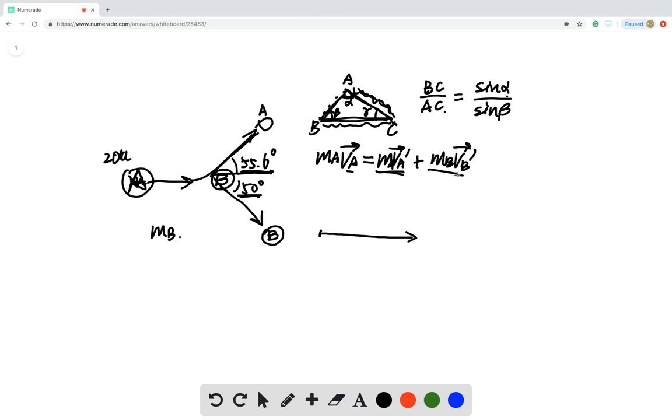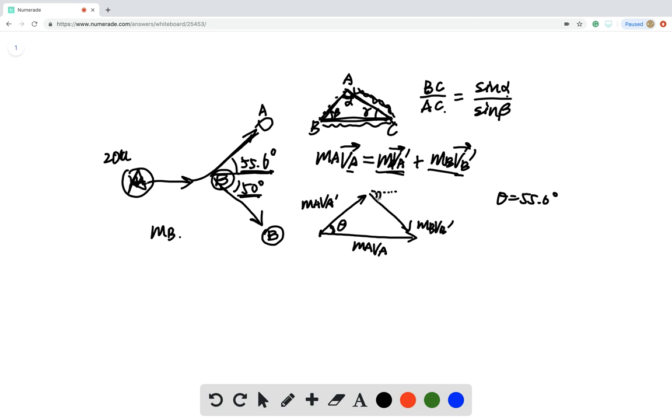So we are trying to draw these in the addition triangle. mA vA prime, we already know its angle is 55.6 degrees. Let's call this theta, knowing theta is 55.6 degrees. So this is mA vA, that's the length of it. This is mA vA prime. And this is mB vB prime.